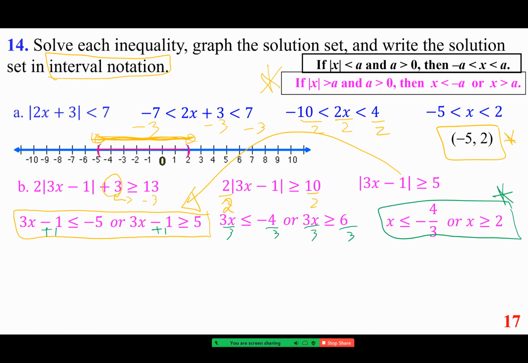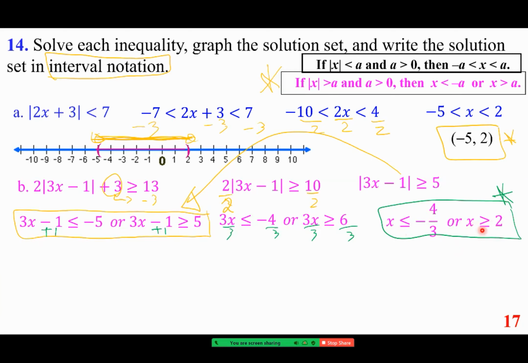So we solved it. We want the interval notation. X is less than or equal to negative 4/3. That means from negative infinity to negative 4/3, or we use a union of events, and x is larger than or equal to 2, from 2 to infinity.